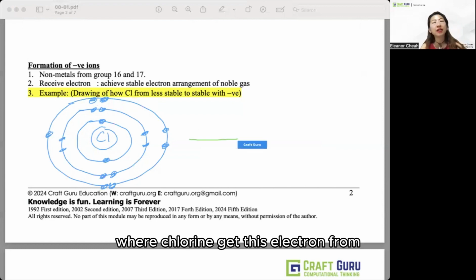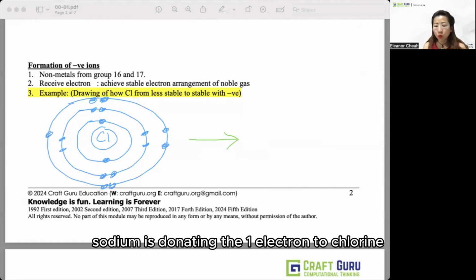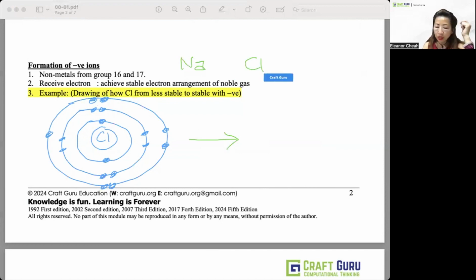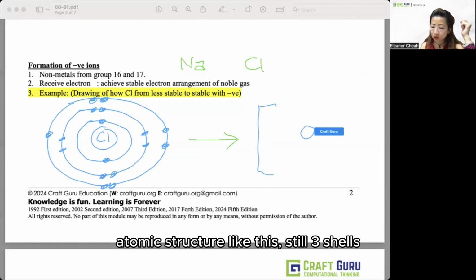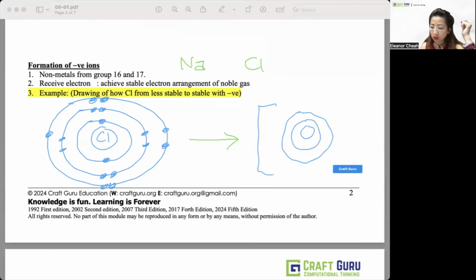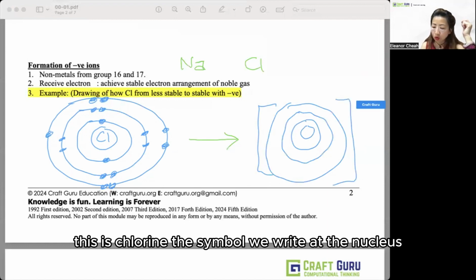Where does chlorine get this electron from? We assume sodium is donating the 1 electron to chlorine. So we draw the new atomic structure like this. Still 3 shells. This is chlorine. The symbol we write at the nucleus. 1, 2.